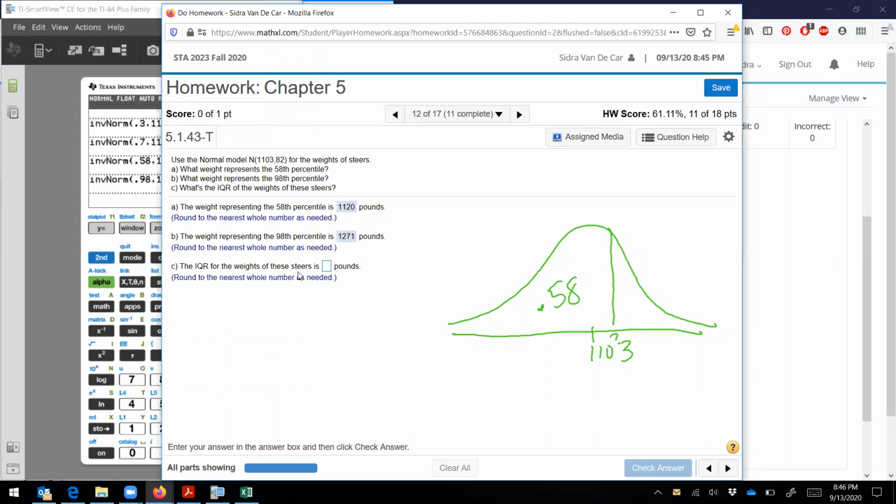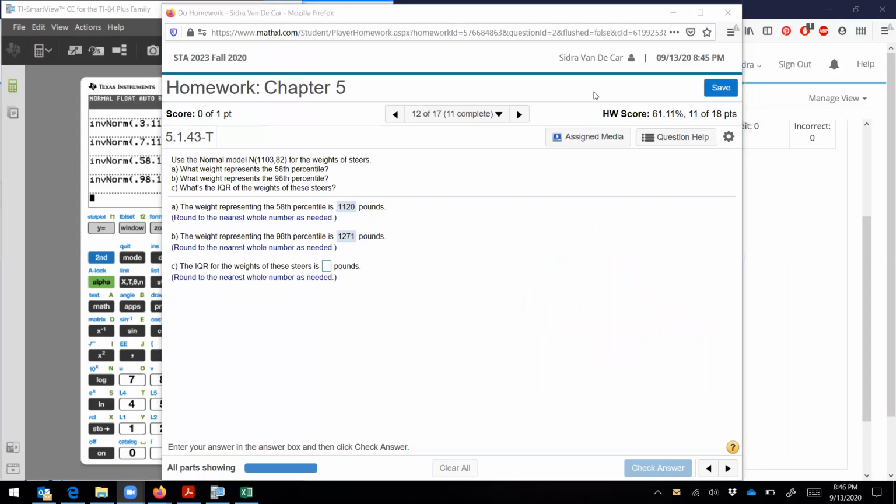And the interquartile range for the weights of these steers. So for the interquartile range, what I need to know is the 25th percentile. So what has a 0.25 here?